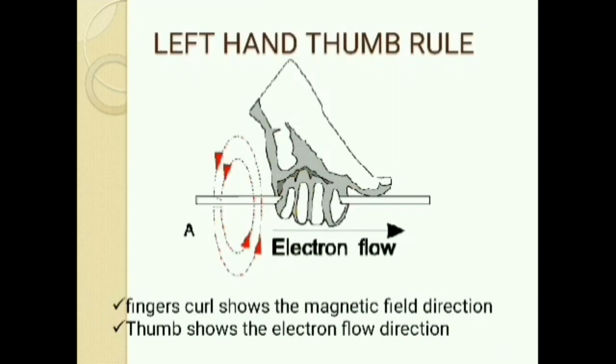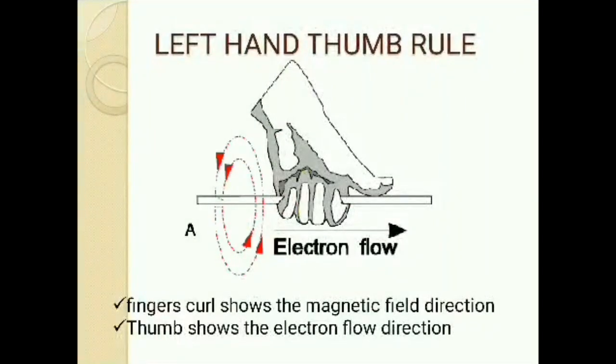Then there is the left hand thumb rule, which is by wrapping the left hand fingers around a wire with the thumb pointing in the direction of the electron flow; the fingers will show the direction of the magnetic field. In this lecture, we will use only the right hand thumb rule. So keep it in mind: the thumb of the right hand indicates the direction of the flux and the other four curled fingers indicate the magnetic field.